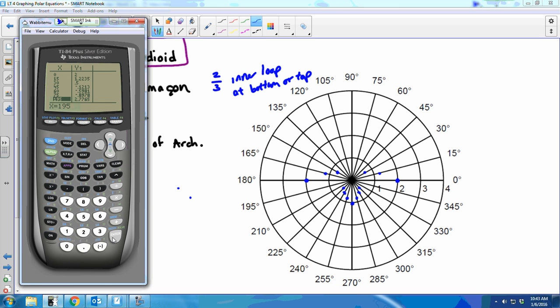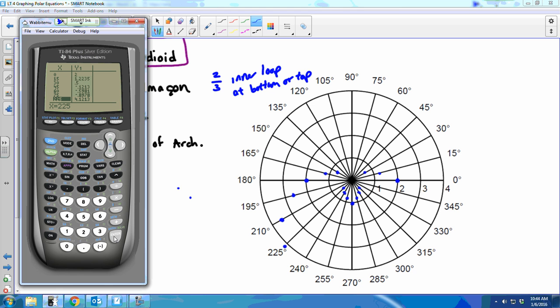195 is at 2.7. 210 is at 3.5. 225 is at 4.12, so that goes off our graph. Now we already have a point on that ray, but that's because it's the opposite from earlier, right?